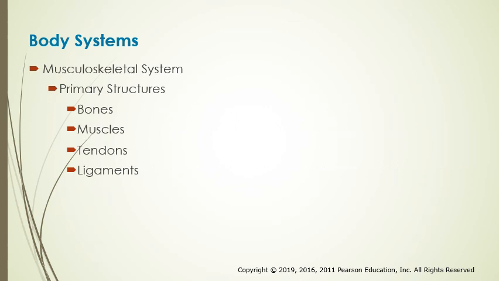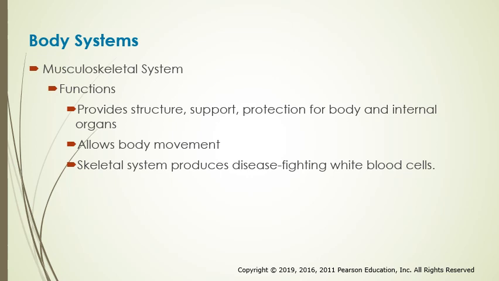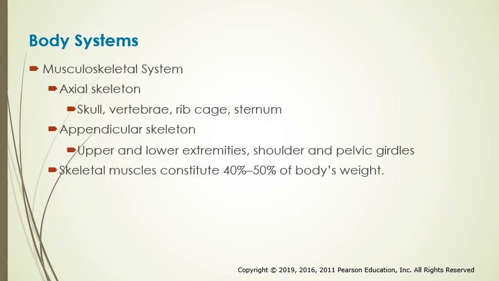So the musculoskeletal system. This is your muscles and bones. Primary structures, in addition to your bones and muscles, are your tendons and ligaments. Its functions, obviously, are to give us structure, support, help us with movement, and protect our internal organs. The skeletal system also produces our white blood cells, which help us fight infection.